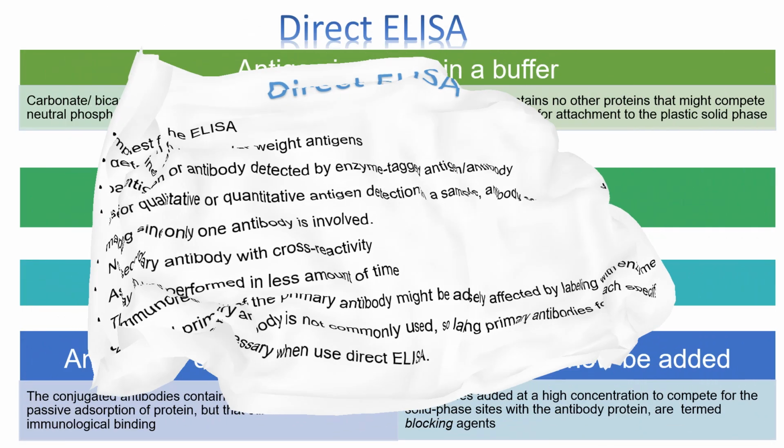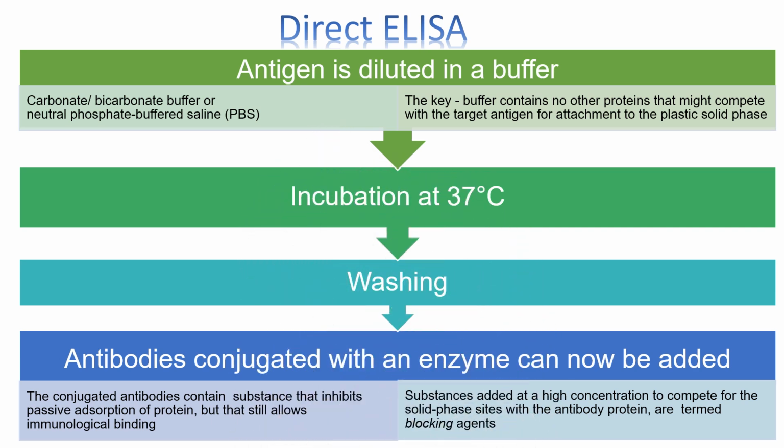So in ELISA, how is the procedure? Antigen is diluted in a buffer. So carbonate or bicarbonate buffer or neutral PBS is used. The buffer contains no other proteins that might compete with the target antigen for the attachment to the plastic solid phase.